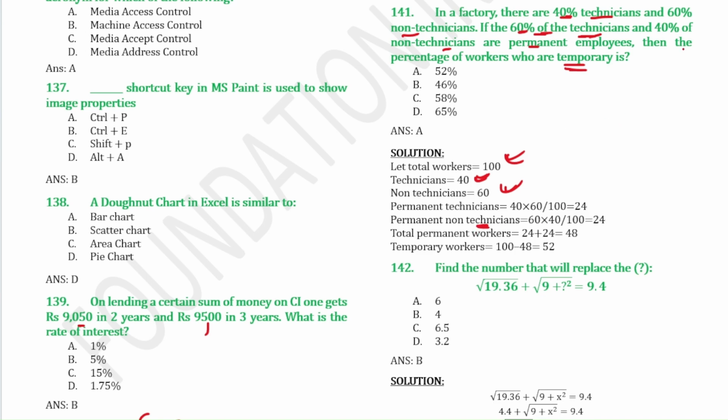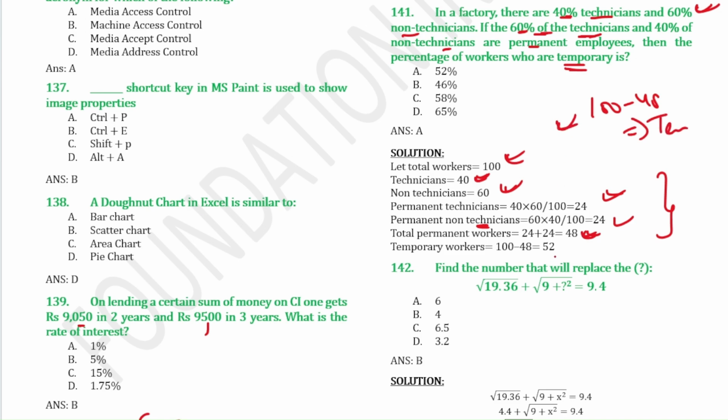So 60% are non-technician, right? And 40% of the non-technicians are permanent employees. So 60 into 40 divided by 100. So both you will get 24. Now if you add these, this will give you the total number of permanent workers, right? So 48 is the permanent workers. So from 100, if you subtract 48, then the remaining will be temporary workers, right?